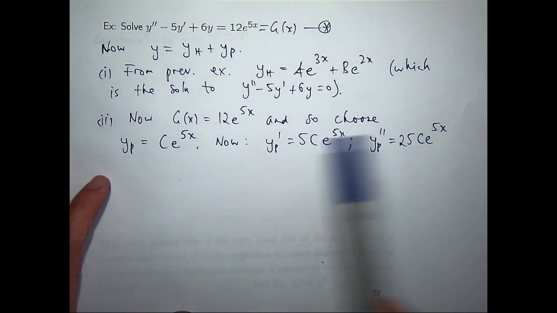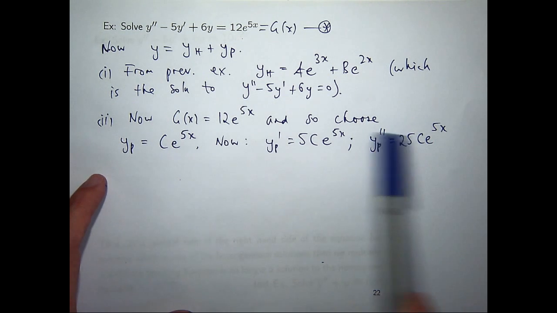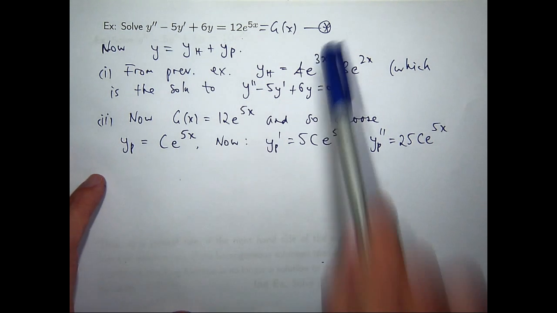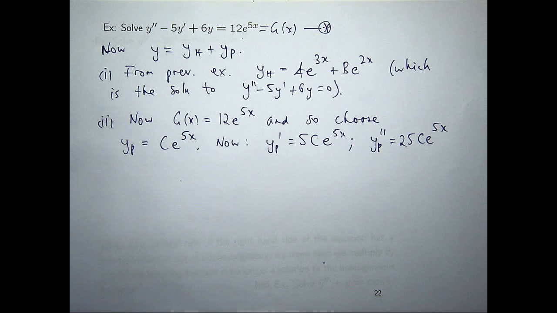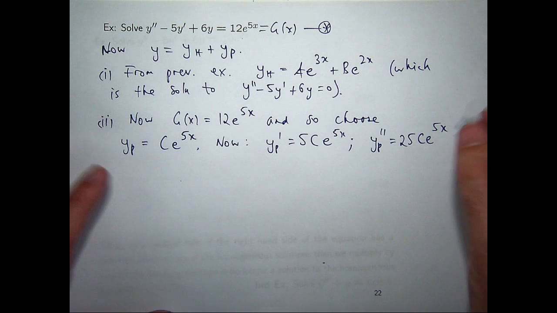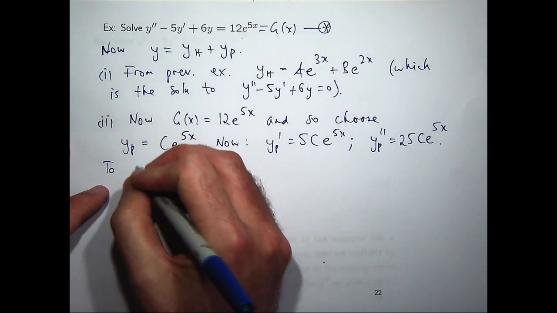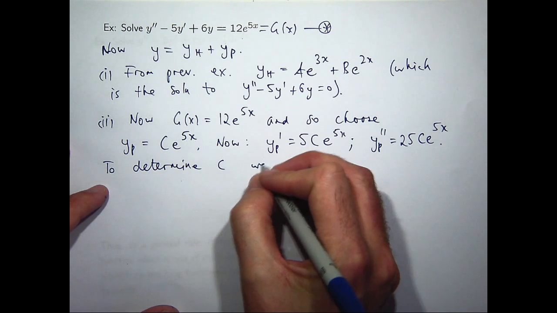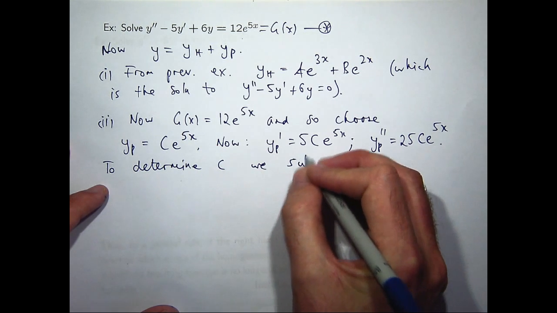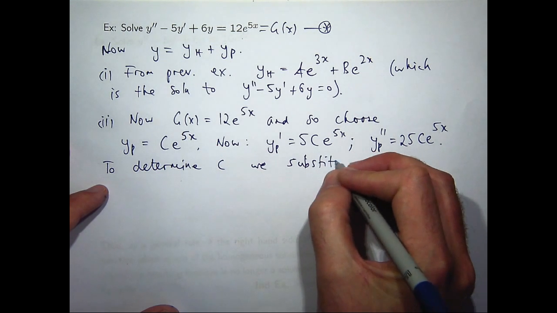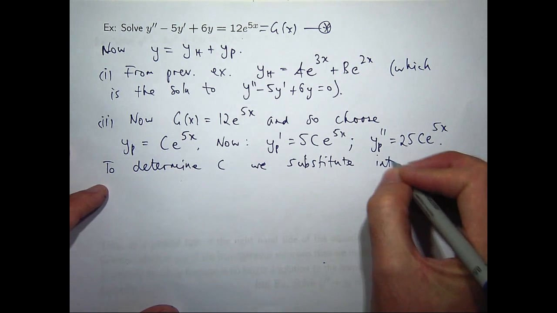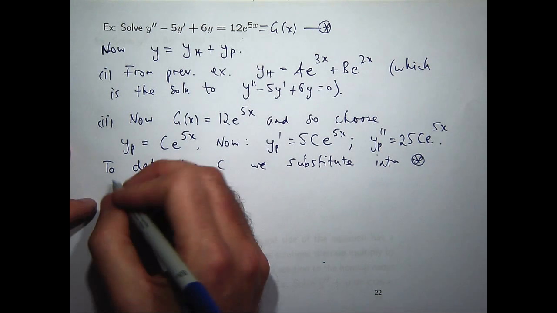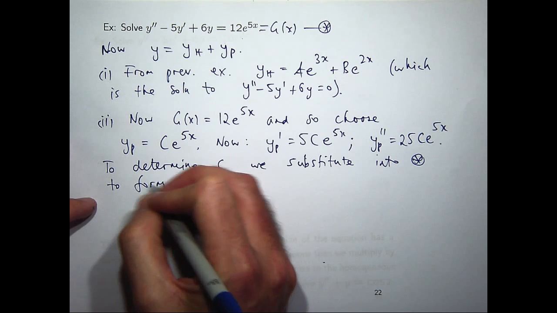And what I'm going to do is sub in these three functions into star, and then I'm going to equate the coefficients and find the value of c. That makes this a solution. We substitute into star to form the following.